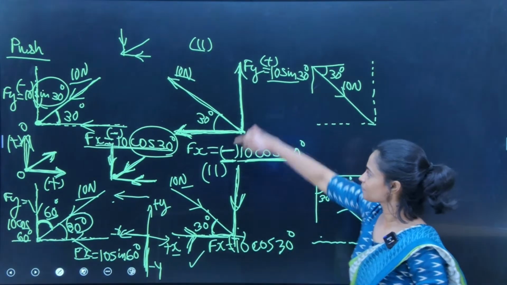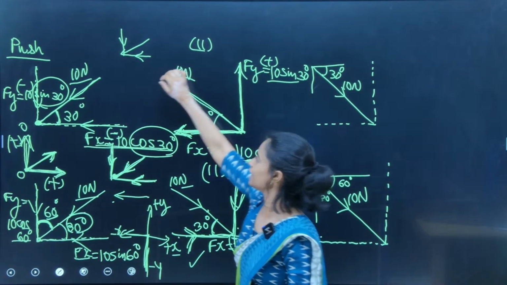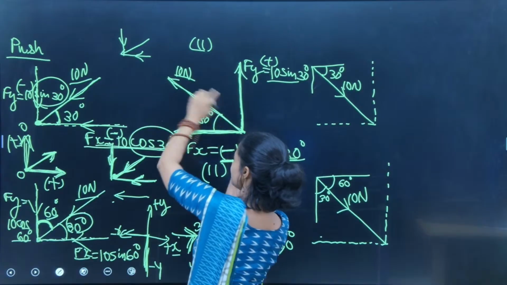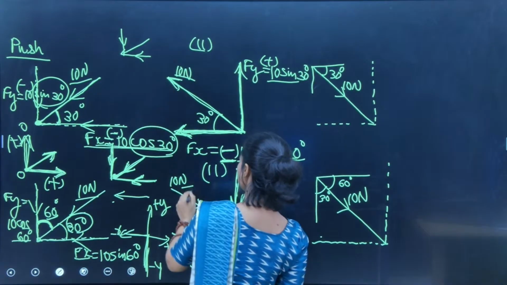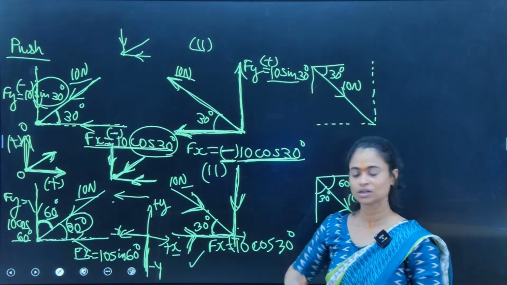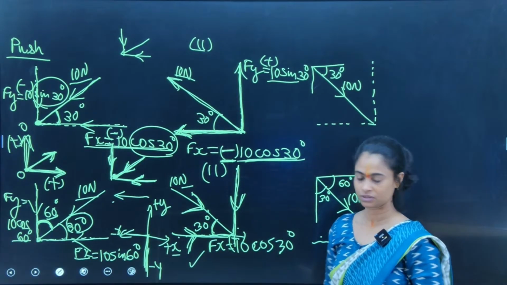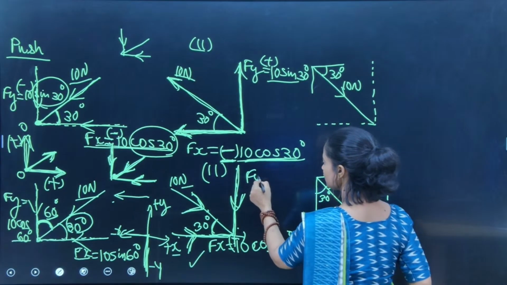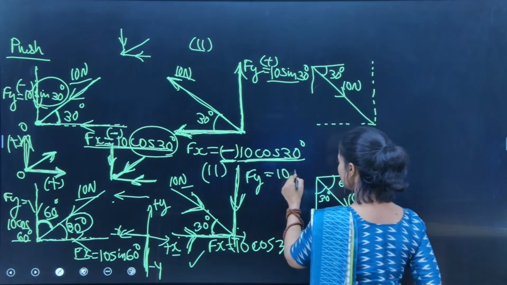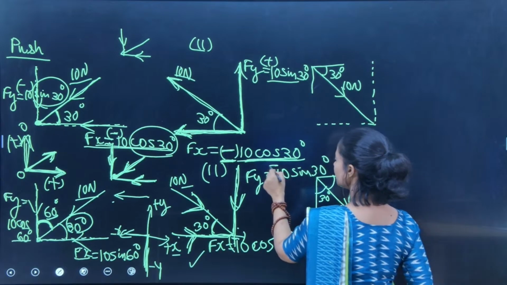Why? Because in my first case, the force was pull type and I reversed it. I reversed the direction of the force, okay, and made it opposite. Since the inclined force is reversed, its components will be reversed, okay. So Fy here would be 10 sin 30 degree and it will be negative.